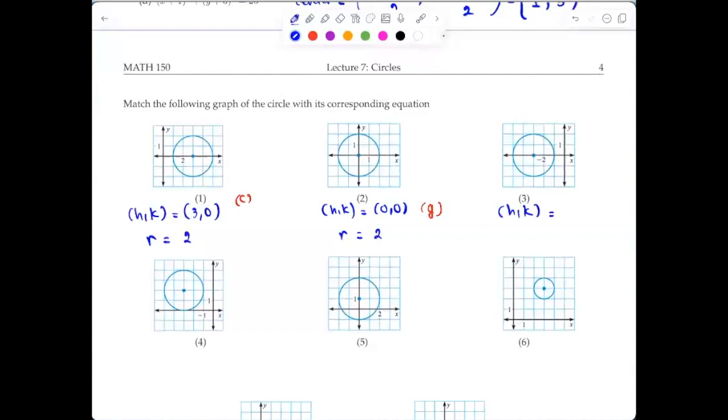Sorry, -3. And then k is equal to 0. What is the radius again? 2. So you're looking for the equation of the form x minus -3, which is x plus 3 squared, plus y squared equal to 4. So the choice is H.